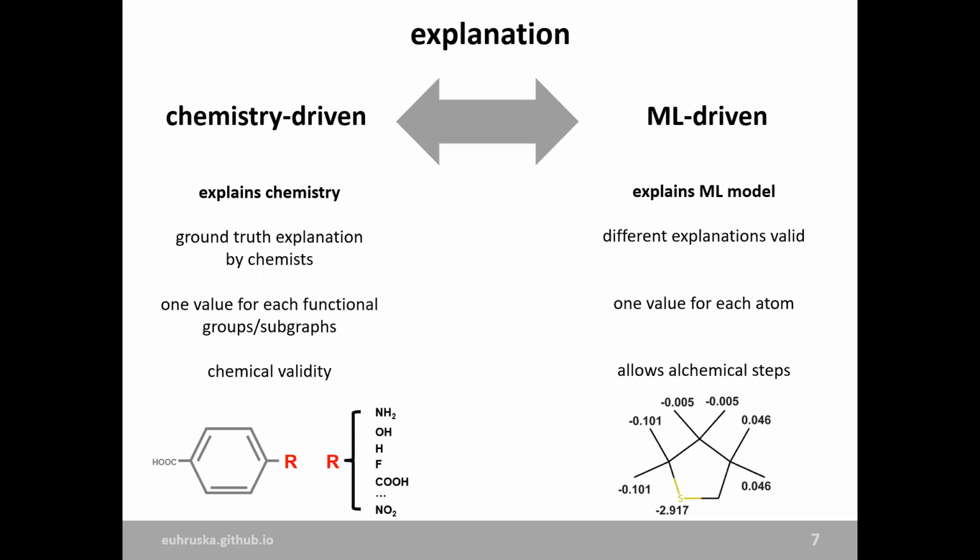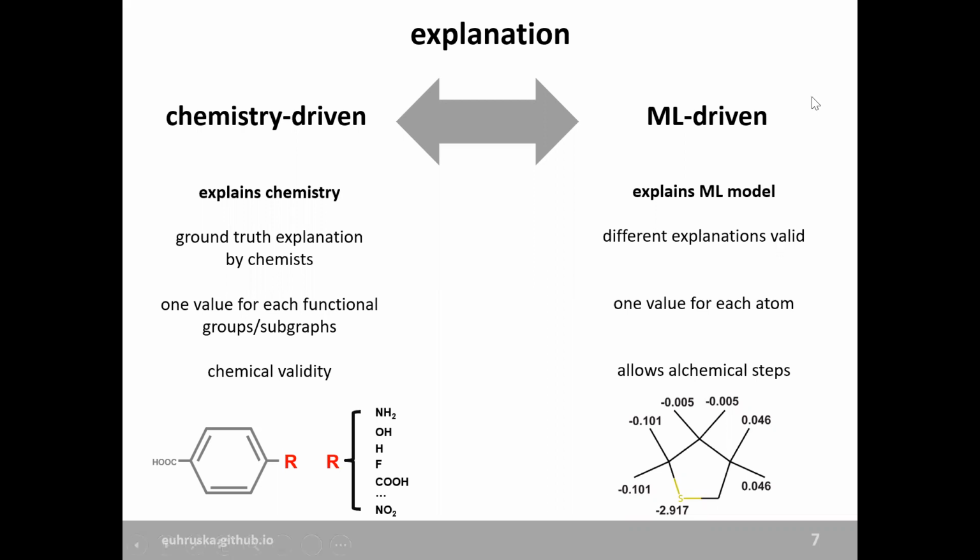And in machine learning, there could be different explanations which can be valid depending on what kind of parts and representation you're interested in. The chemistry typically uses functional groups or subgraphs, not always, but typically. But chemical validity is always important. For machine learning, this kind of chemical validity is either absent or not necessarily important. And machine learning many times, not always, has one value for each atom.